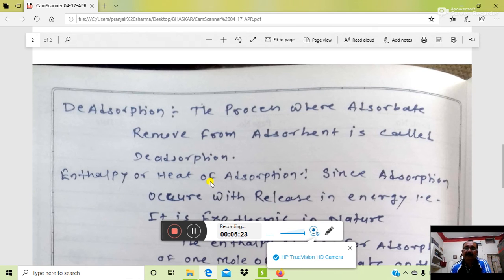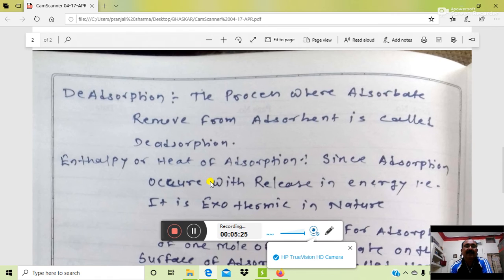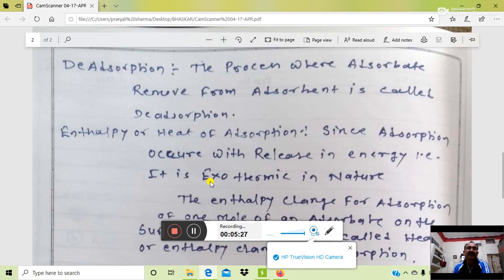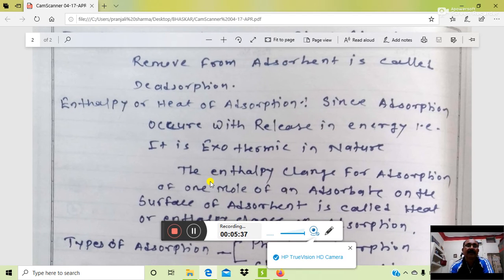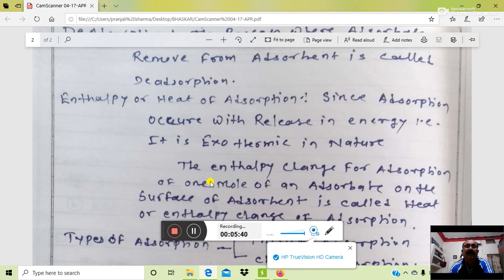Here, adsorption is a process where some amount of heat is released during the formation of the adsorbed layer. Therefore, it is an exothermic process. The amount of heat released during adsorption is called the enthalpy or heat of adsorption. It can be defined as: adsorption occurs with the release of energy, that is, it is exothermic in nature.